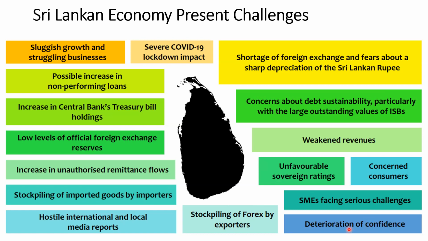I am not trying to go through one by one, just through. And here, that's also a very important thing, deterioration of confidence. Now, deterioration of confidence means our political indicators are very low. And shortage of foreign exchange, so many things. Now, how to overcome these present challenges, that's the other important thing.